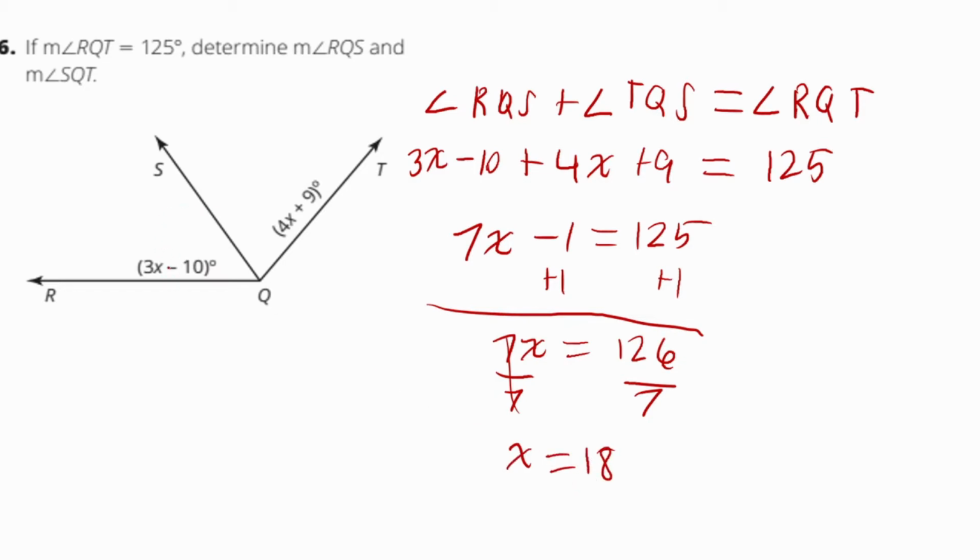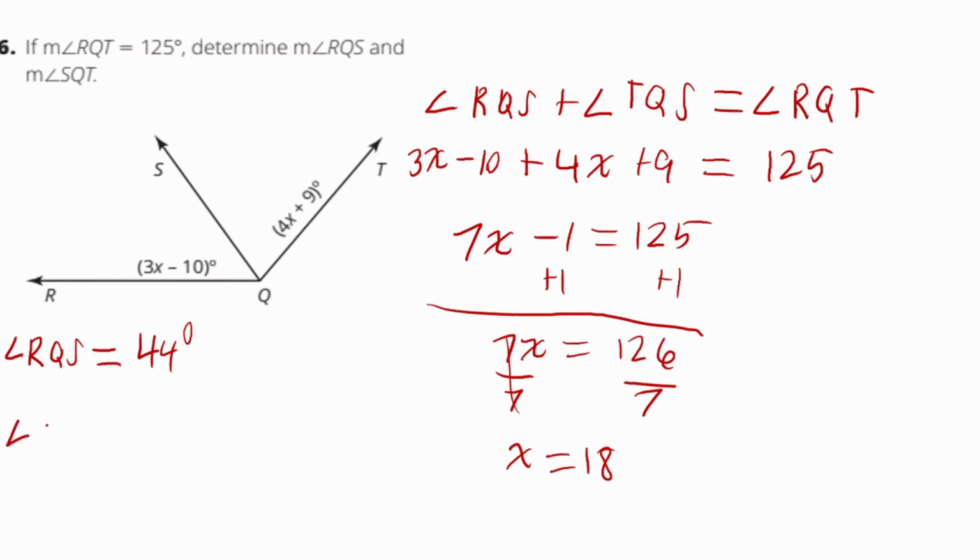Now we just have to plug it in. So we could say angle RQS is going to equal 3 times 18, which is going to give me 54 minus 10, which gives me 44 degrees for RQS.